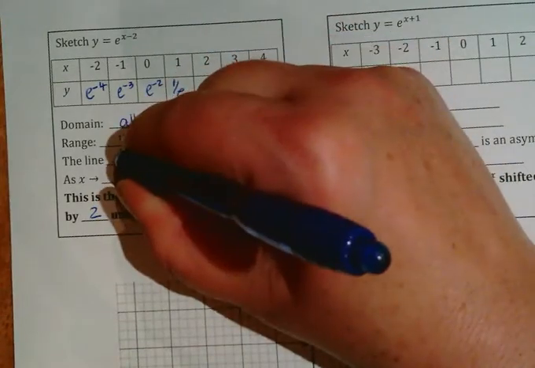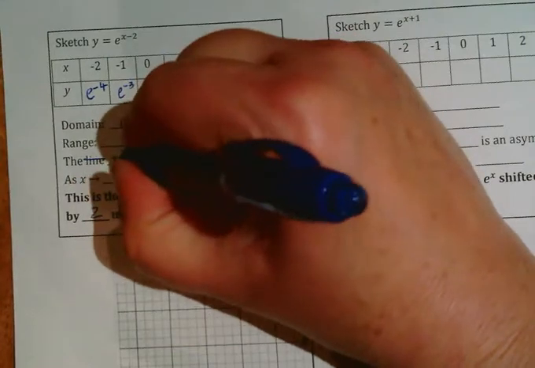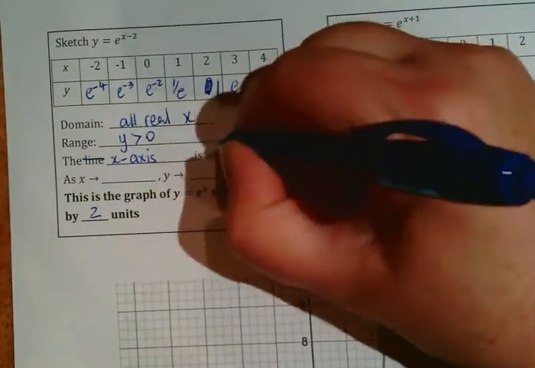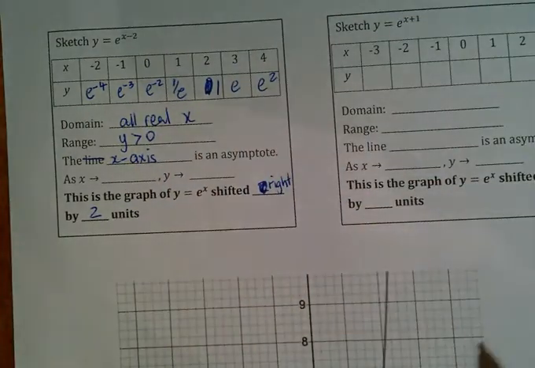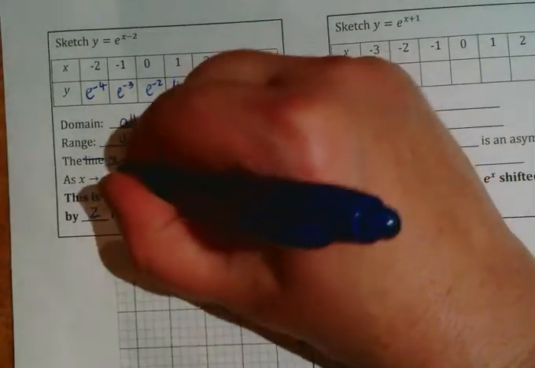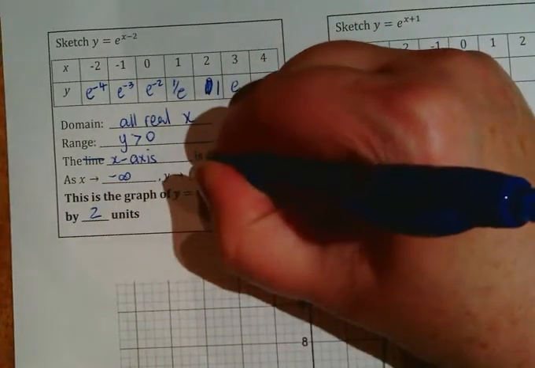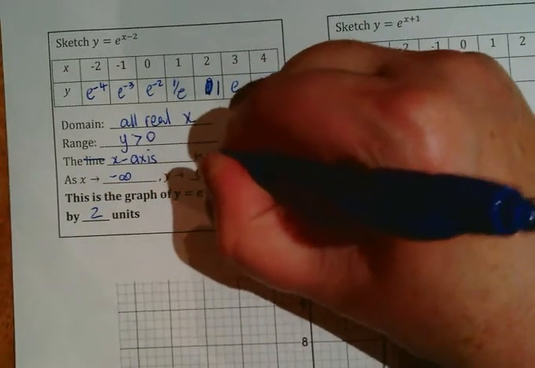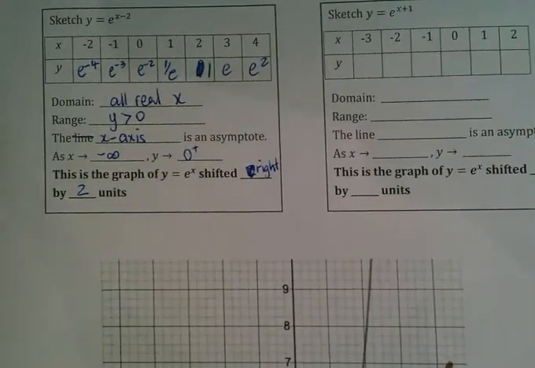The x-axis is the horizontal asymptote, or you could write it as the line y equals 0 is the horizontal asymptote, and as x approaches negative infinity, y approaches 0 from above. So let's sketch that: y equals e to the x minus 2.